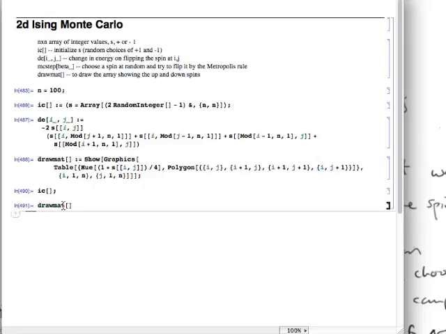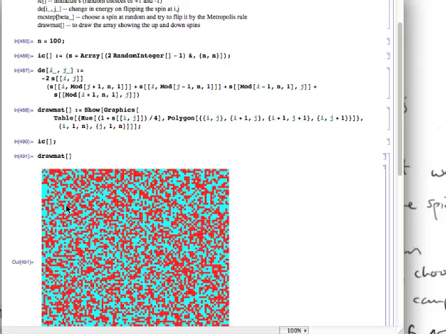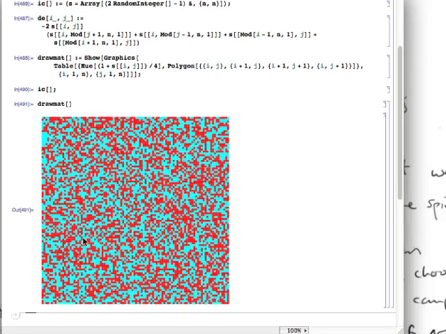The drawing function takes a little while because you've got 10,000 squares to draw. And there they are, all randomly chosen as the initial condition would have it.